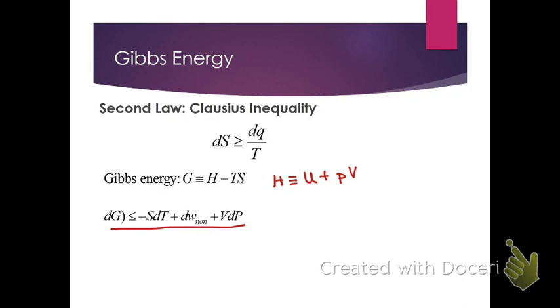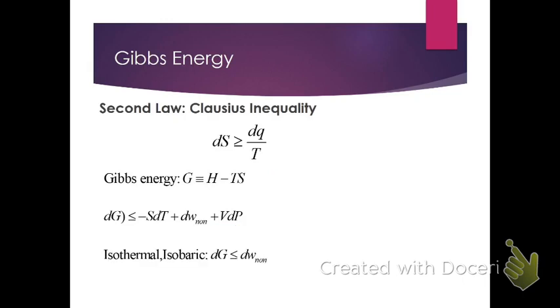This is fairly important because the Clausius inequality is based on the second law of thermodynamics, and using it to derive this means that this expression of dG less than or equal to this set of terms on the right side is an alternative expression of the second law of thermodynamics. Now, why is this important?